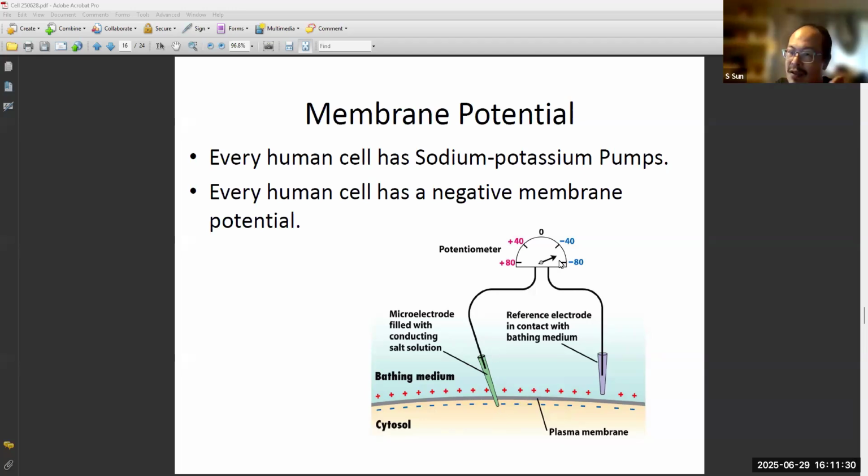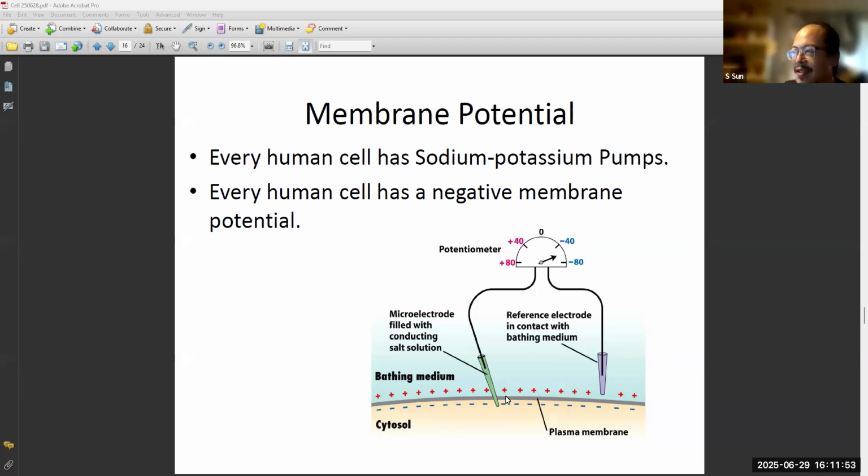And you will see this throughout every cell in the human body: the charge inside of the cell is negative, somewhere like minus 50 or 60 millivolts, mV. Yeah, so that is what we got. So this is membrane potential.